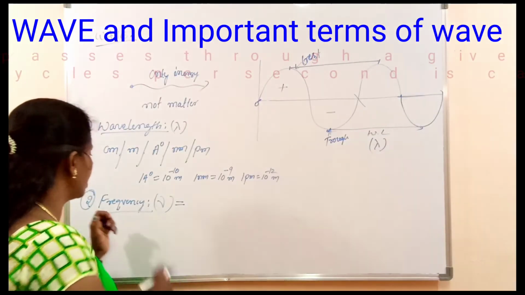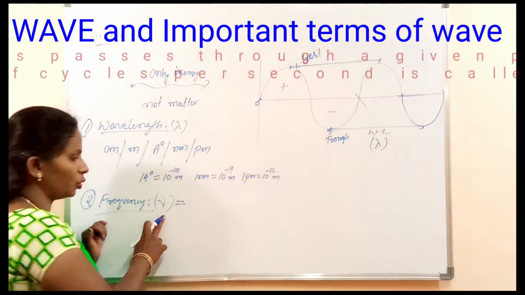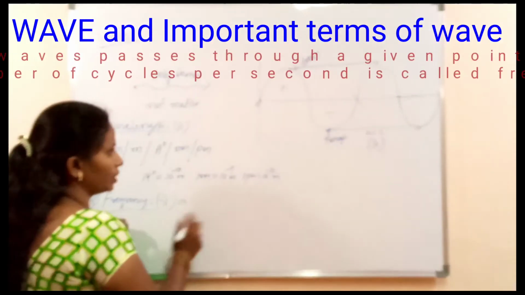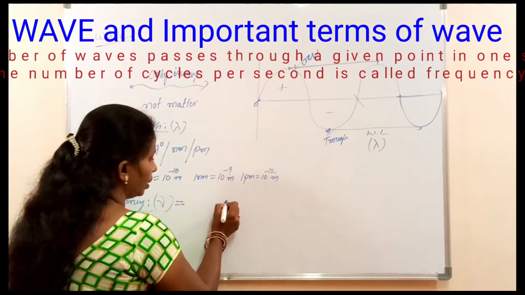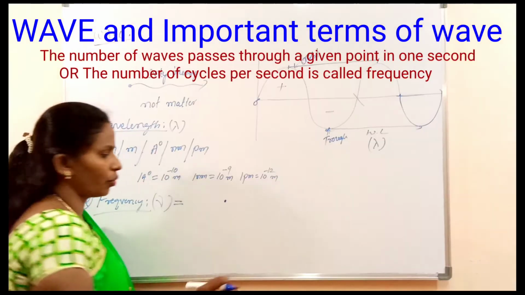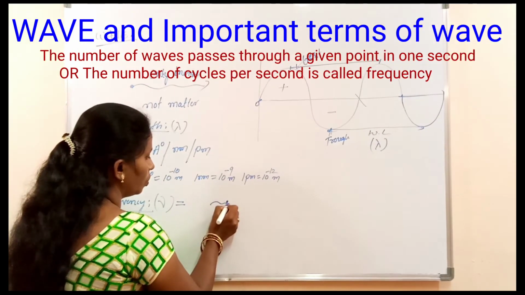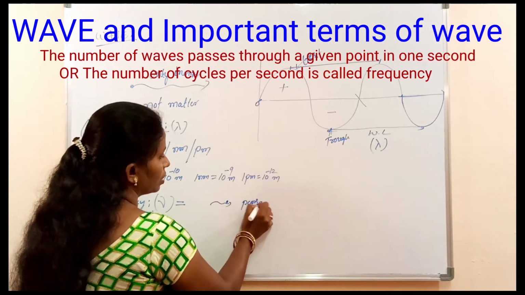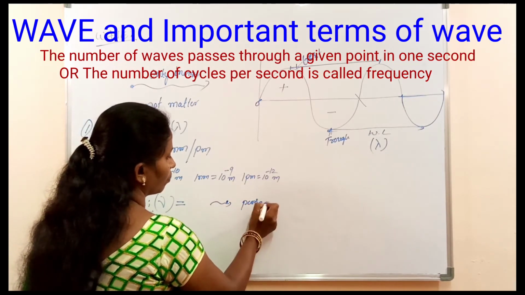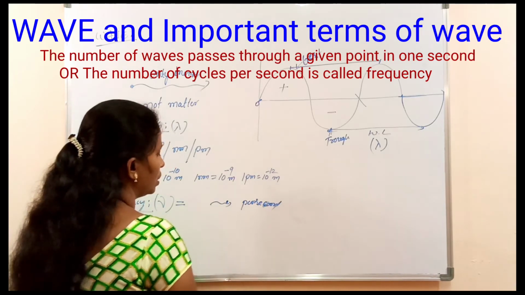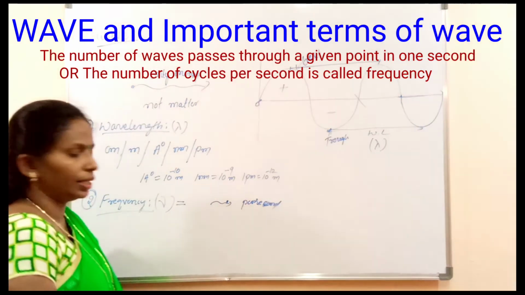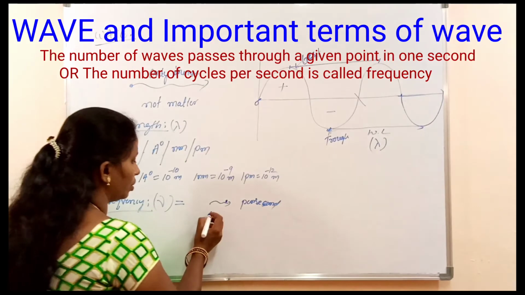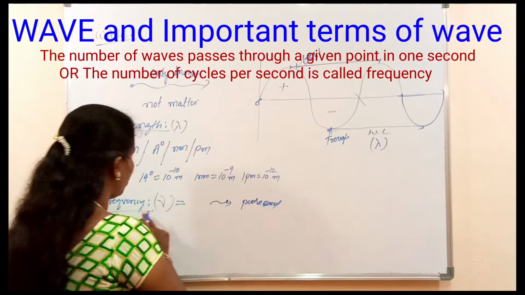Next important term is frequency. The symbol is nu. The number of waves passing through a point per second is called frequency. The number of cycles per second is called frequency.